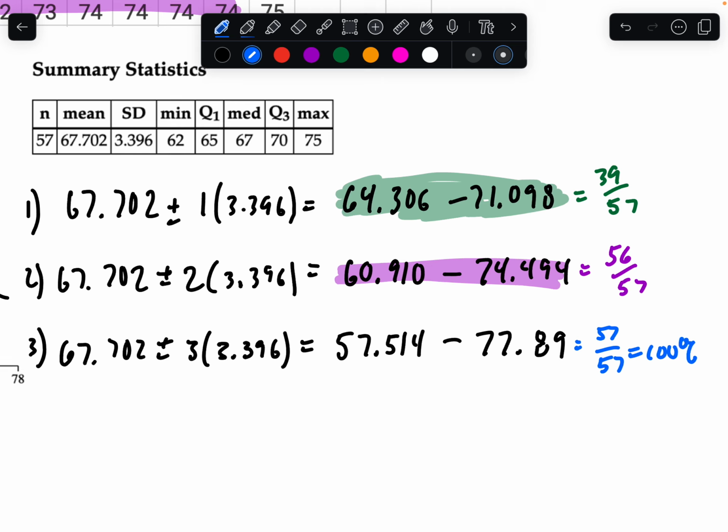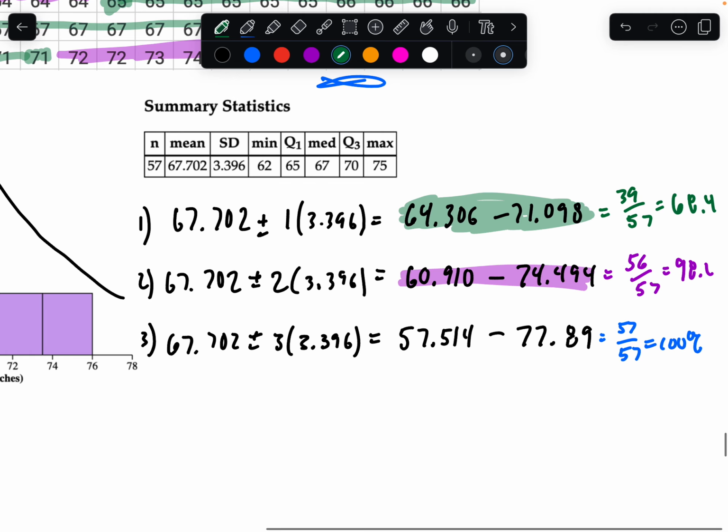56 divided by 57. That's 98.2%. And 39 divided by 57. 68.4%.